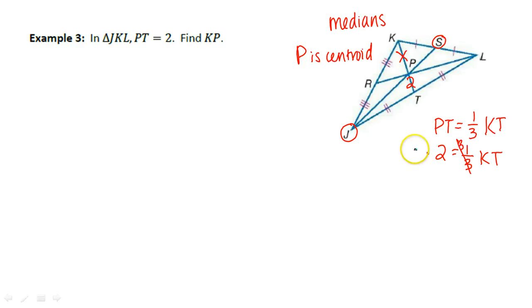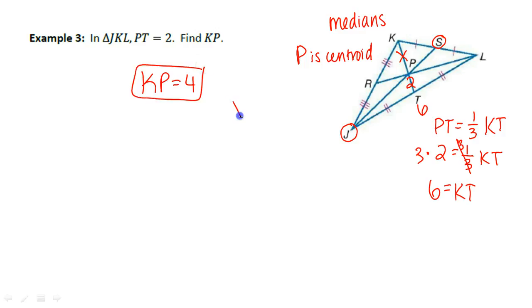So that's going to give you 6 is equal to KT. So now we know the whole thing is 6. That's what KT is. So that means KP would have to equal 4 in order for those two segments to add up to 6. So KP is equal to 4. Because we would do x plus 2 equals 6. So that x would have to equal 4.